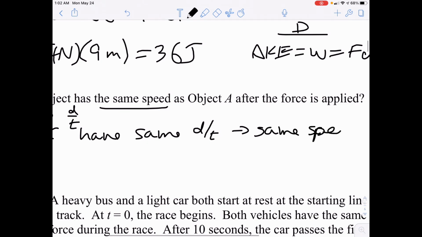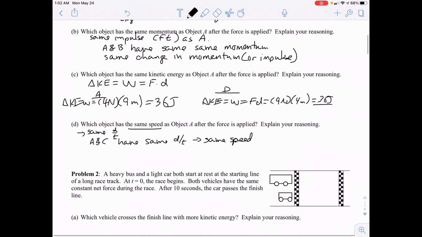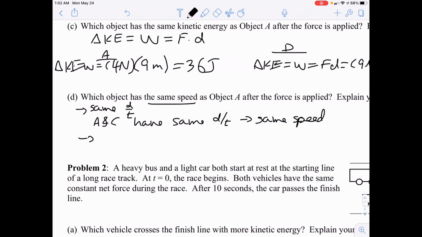But I do want to reference another way you could figure out this problem. Remember, they have the same change in momentum. Okay, and change in momentum is equal to mass times the change in velocity.